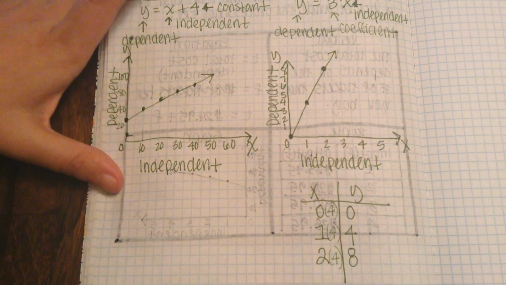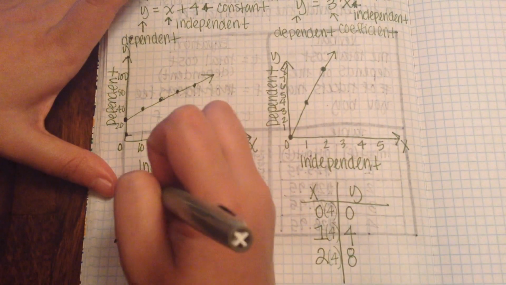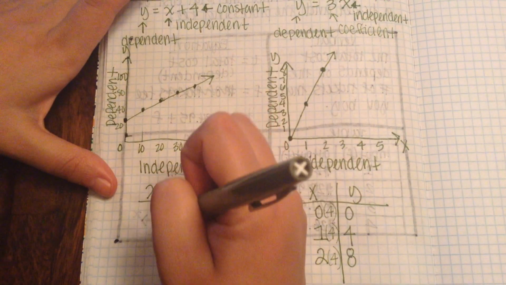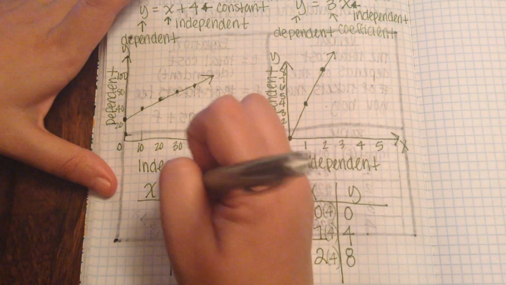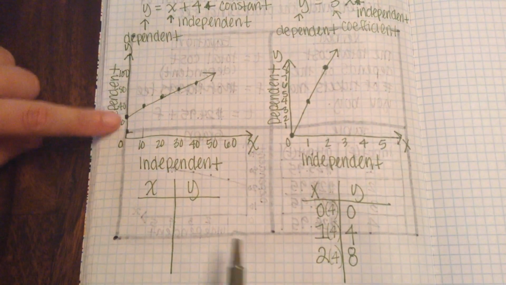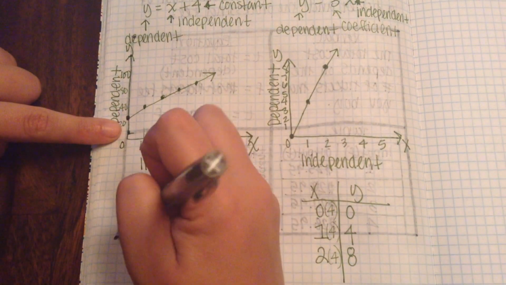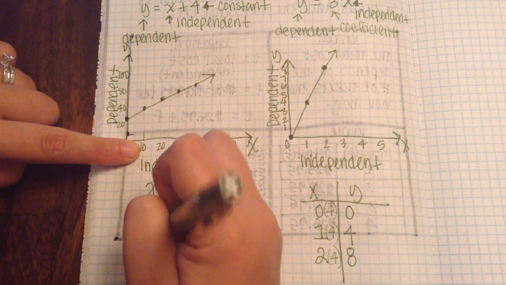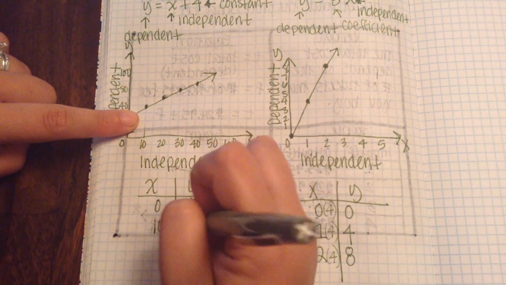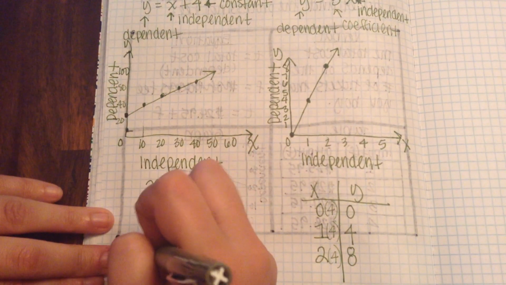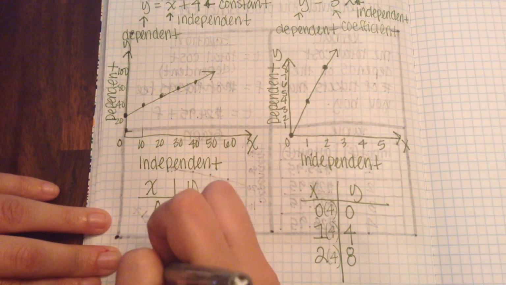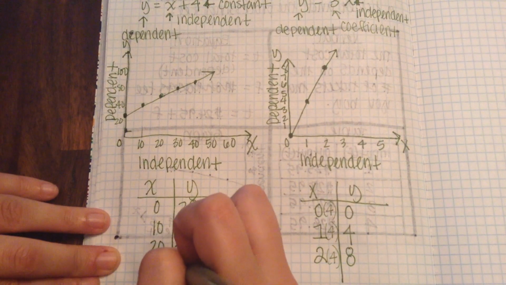Now, again, we're going to draw our table to help us see the ordered pairs a little bit better. So, if I start with my first point, I have 0, 28. Then we have 10, 38. Then we have 20, 48. And 30, 58.